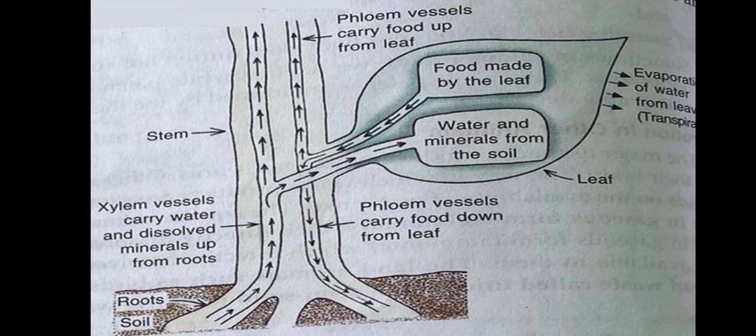Please note that the food which is made in the leaves during photosynthesis consists of glucose, and it is transported within the plant in the form of a solution. The force needed to push the dissolved food, that means the solution, in phloem vessels is generated by the living phloem cells present in the phloem tissue of the plant.